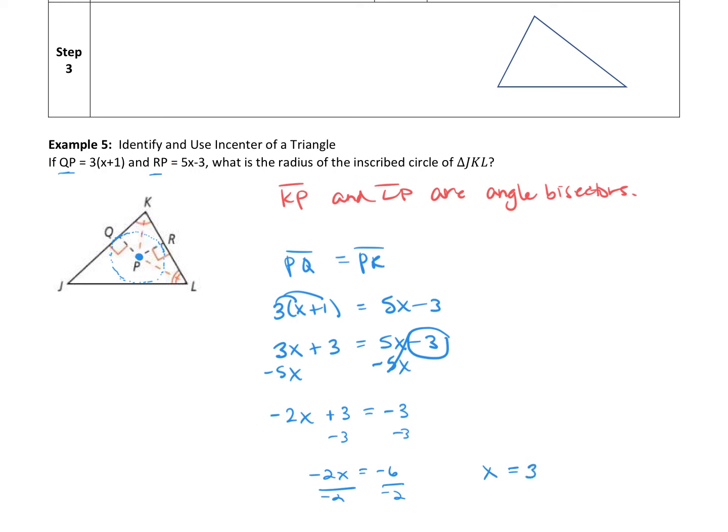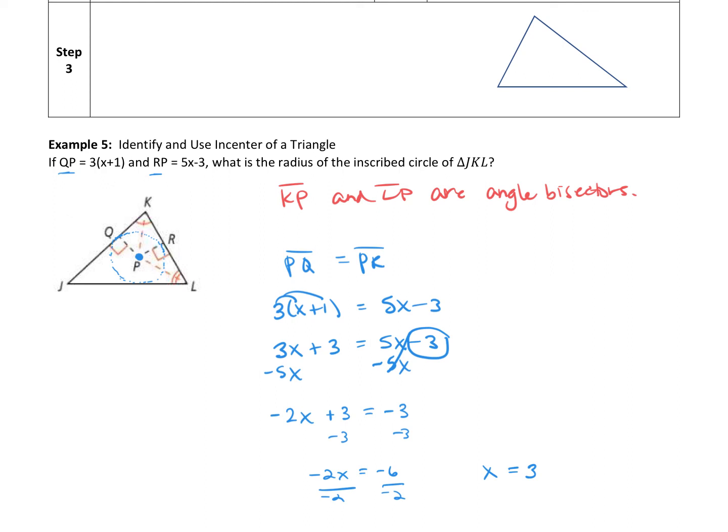So we did a lot of work. We had a lot of conversations. Did we answer the question we were being asked? We found the value of x. x equals 3. Is that the radius of the inscribed circle of the triangle? Well, no. The radius is QP or RP. So we're going to take that x equals 3 and plug it into either one.